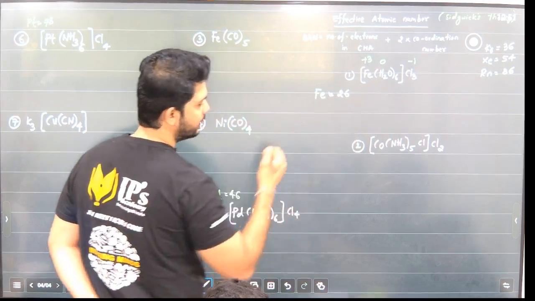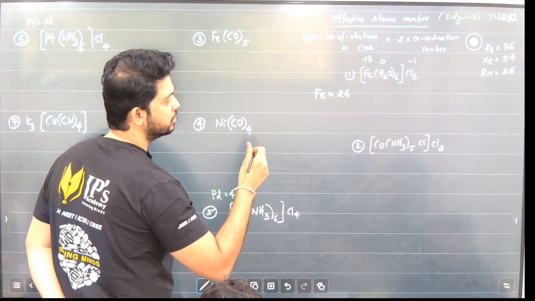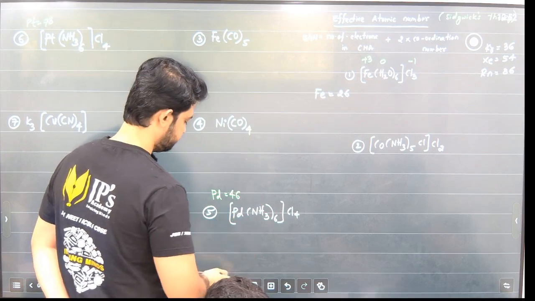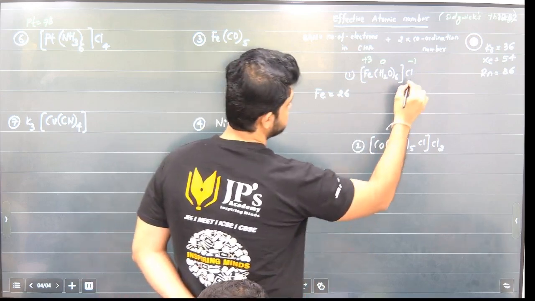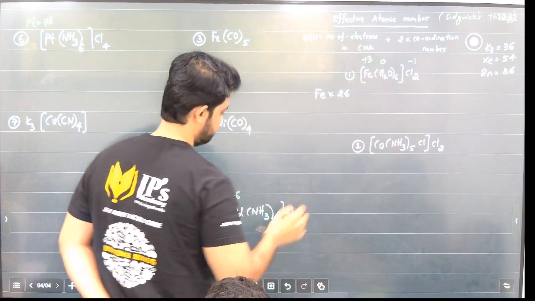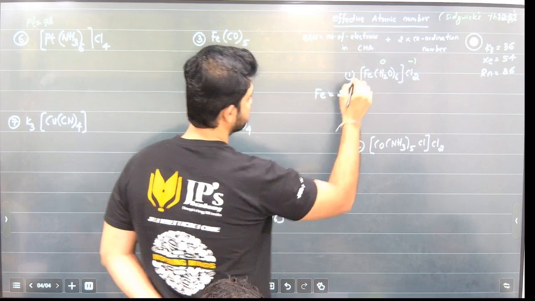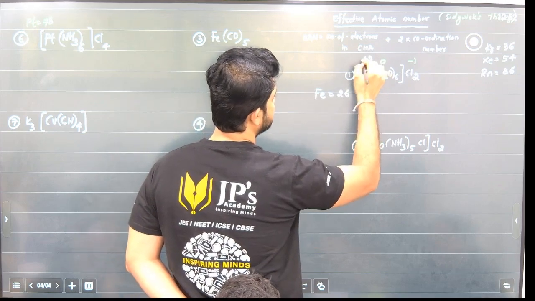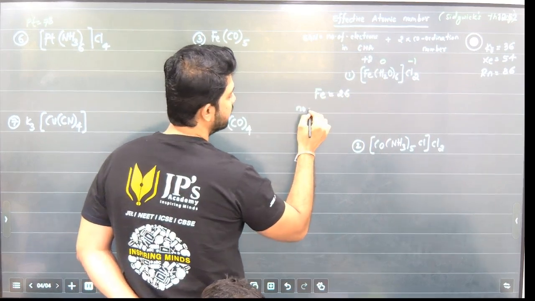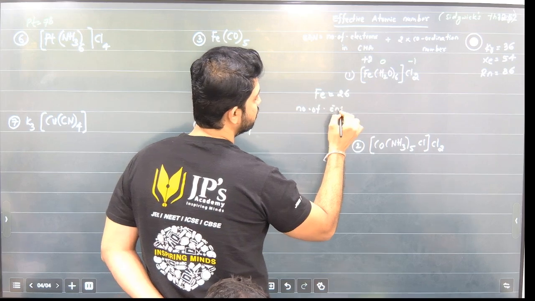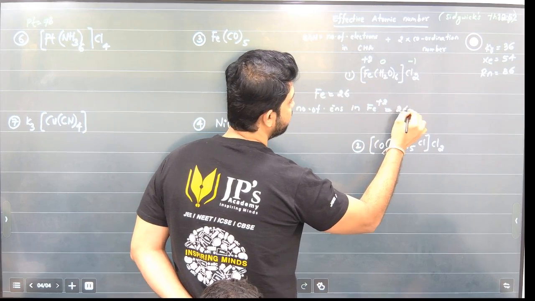So 26 electrons, 26 protons. Sorry, I'll change this to Cl2. So what will this become? This will be +2. Now in Fe +2, how many electrons will there be? 24.